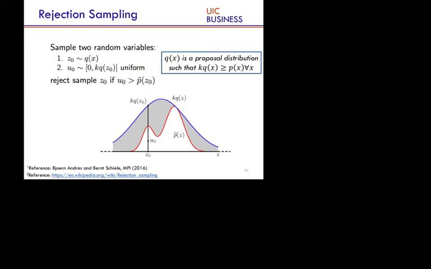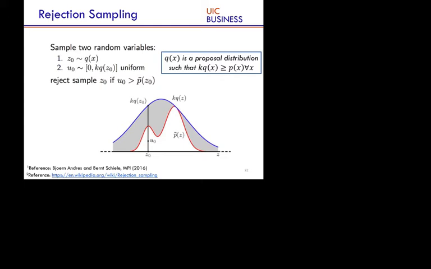Okay, so we drew z naught from a proposal distribution. We use that to represent one end of the interval. From that we draw a uniform random variable, and check whether the uniform random variable is greater than p of z naught. Given z naught, we can compute k q of z naught and p tilde of z naught, right? Those two are just functions of z naught.